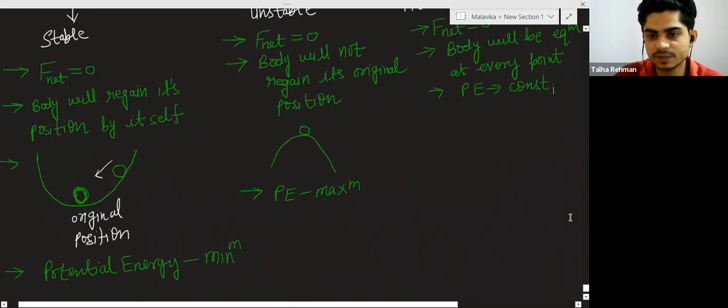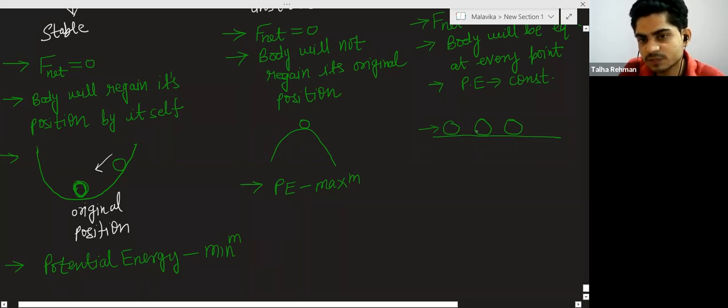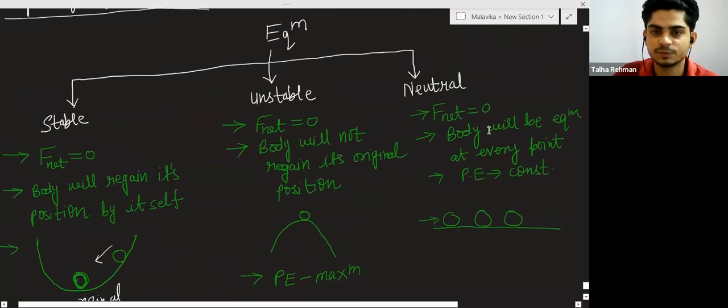You can take the example: suppose I place a ball here and apply a force, this ball will come here. Again I apply force, it will stop here. Again I apply a force, it will stop here. This means at every point the body is in equilibrium, and this is the case of neutral equilibrium. So please note it down.